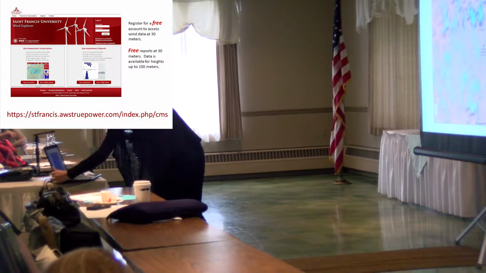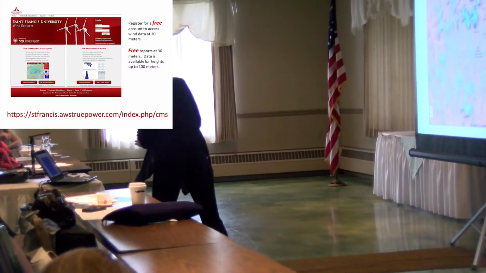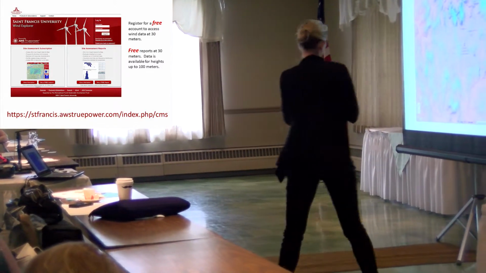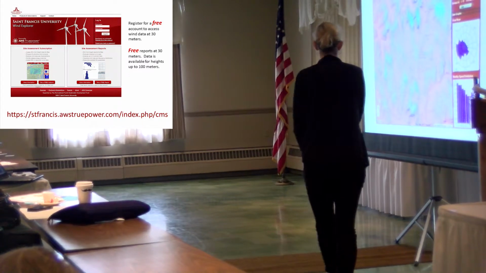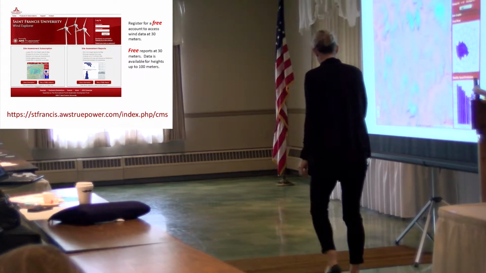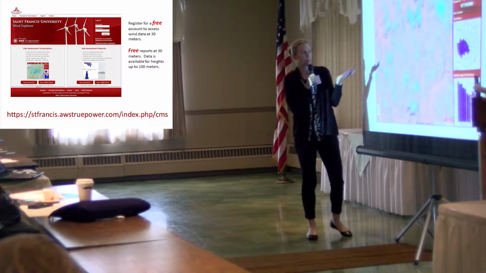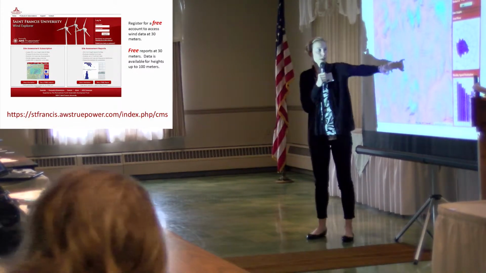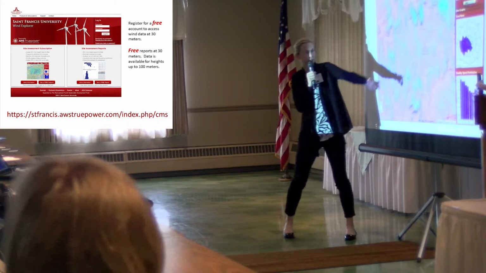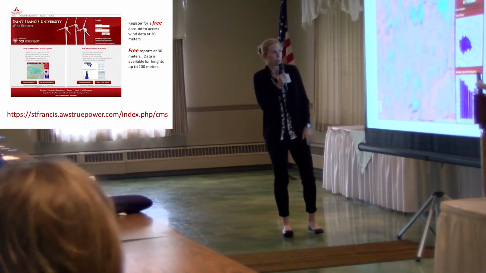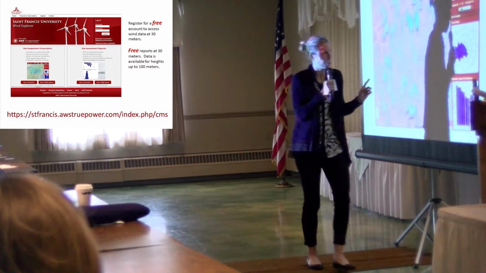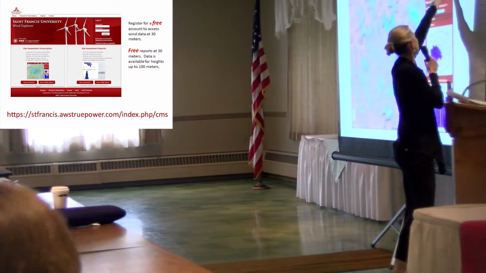Once you have an account, you will have access to this. This is the basic interface. You are able to put in your exact address right here. For this example, I've just used our location here at the Rustic Lodge. You can see that the annual average wind speed here is about 3.9 meters per second.